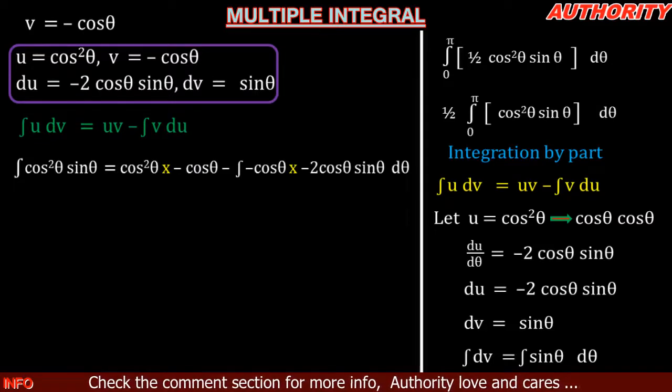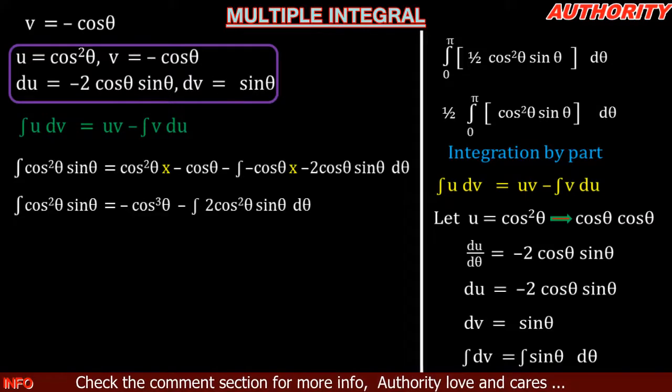In the first part, where we have cos squared theta times minus cos theta, when you multiply this, it's going to give you minus cos cube theta. Now we have minus, and then the other part, the integral of minus cos theta times minus 2 cos theta sine theta. When you multiply this, cos theta times cos theta gives cos squared theta sine theta, and minus times minus gives us plus.